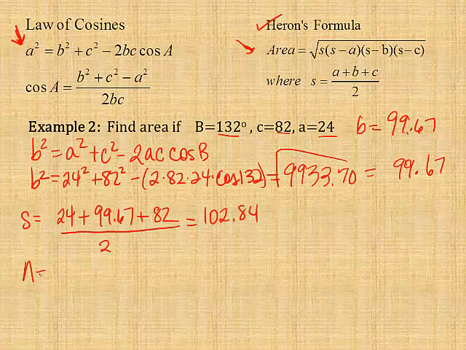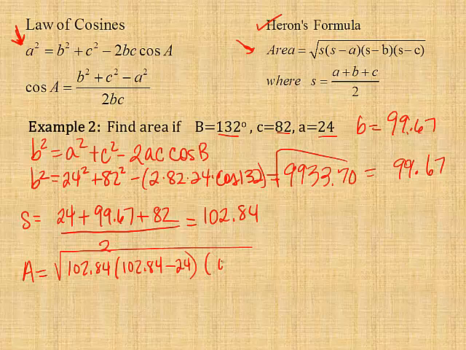So the area then is going to be the square root of 102.84 times 102.84 minus 24 times 102.84 minus 99.67 times 102.84 minus 82.